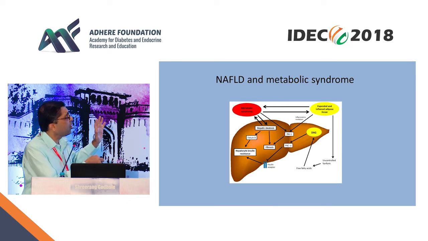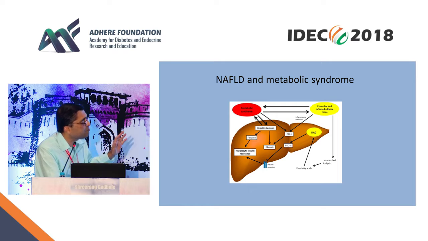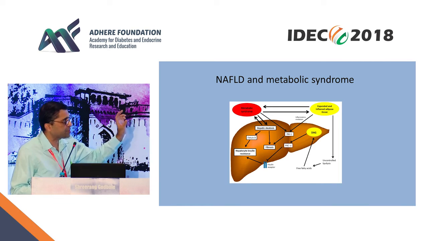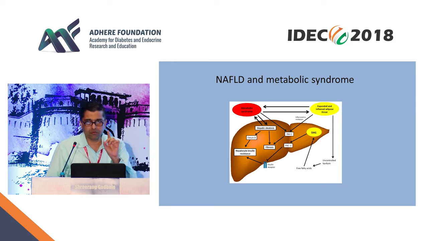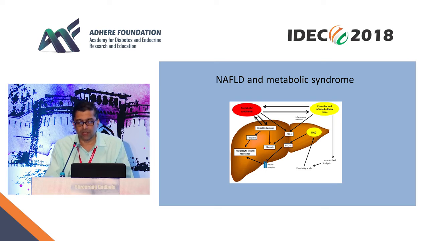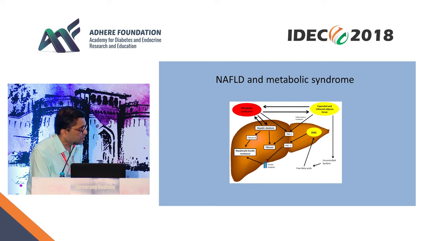Now, this relation of non-alcoholic fatty liver disease and metabolic syndrome is bidirectional, and the common unifying feature is insulin resistance. And if there is one factor which single-handedly, maximally influences hepatic insulin resistance, it's the level of diacylglycerol, which is the penultimate product that you get when free fatty acids are converted to triglycerides.